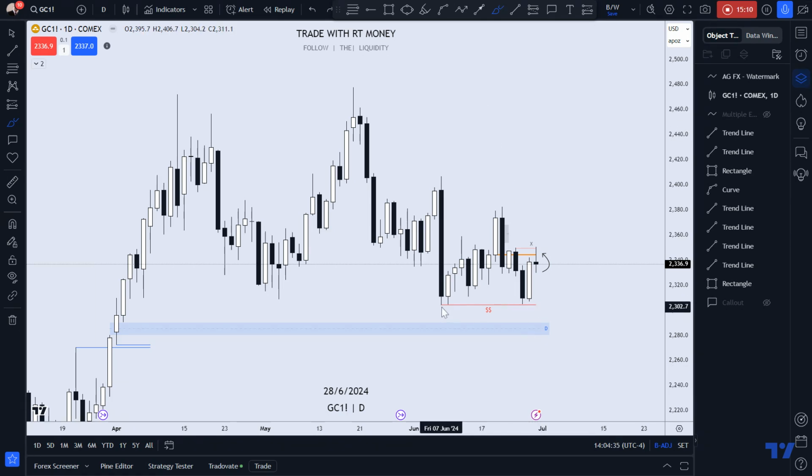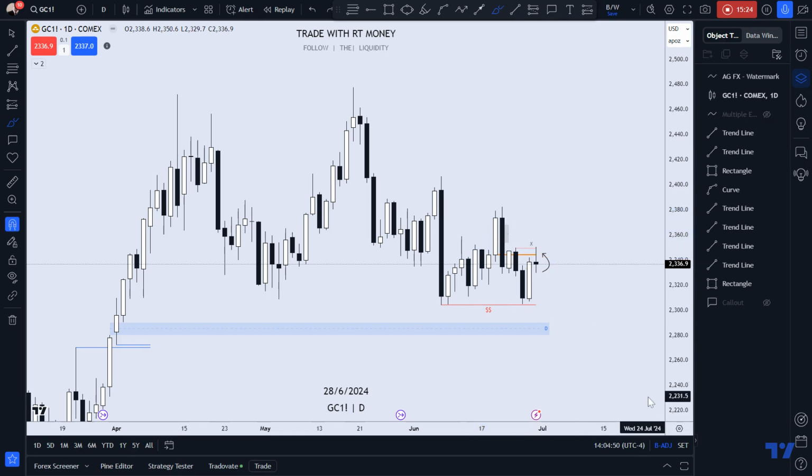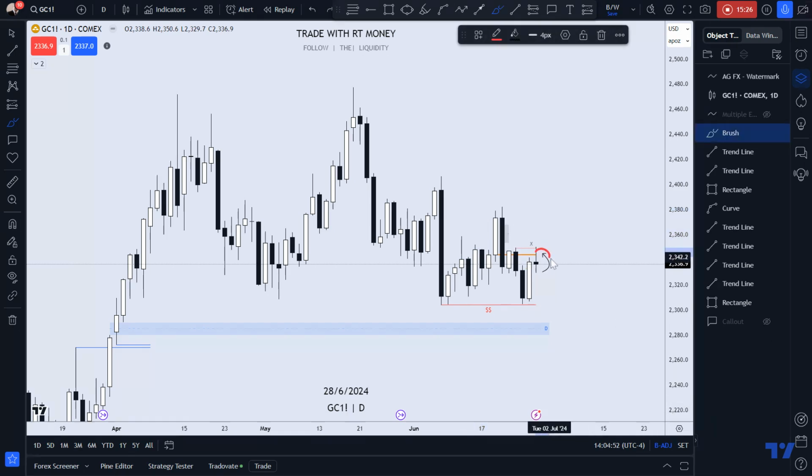We have relative equal lows here, which would be a great draw on liquidity. Thursday's candle and Friday's candle give me an indication as price trades back up into this bearish fair value gap here, that it'll act as resistance and bring price back down.